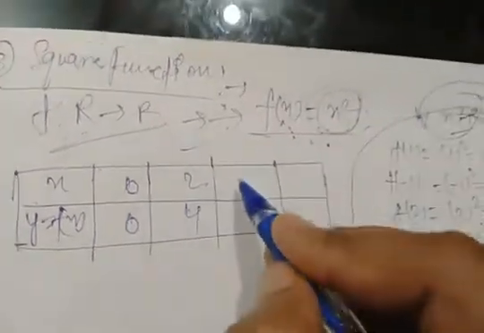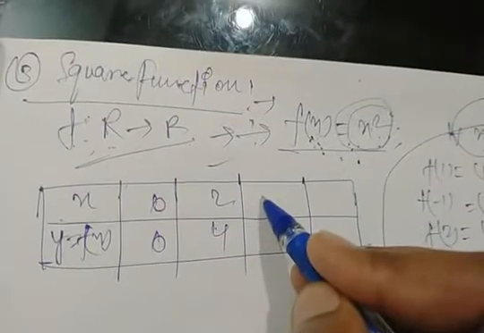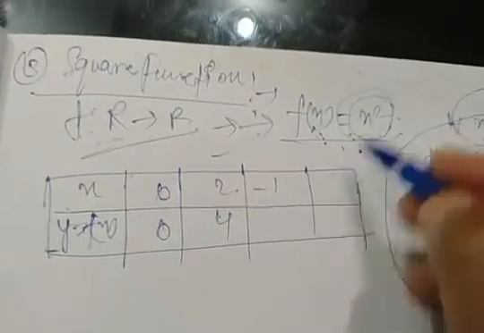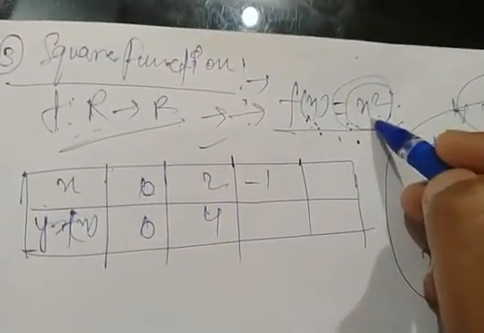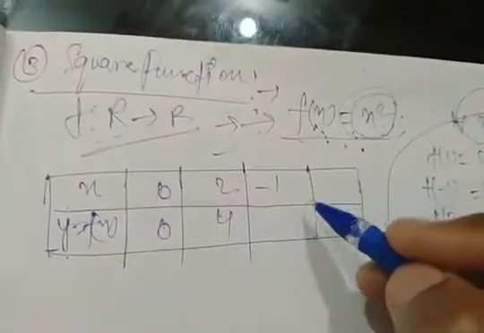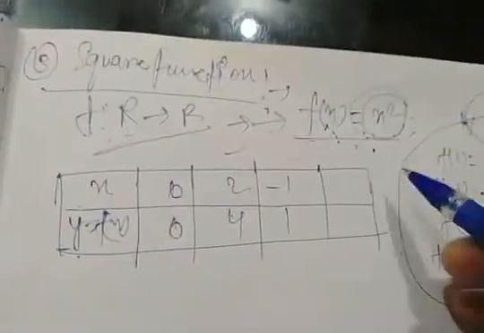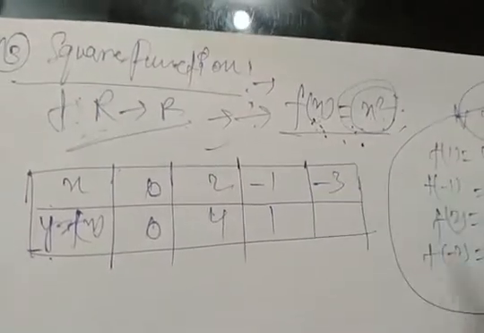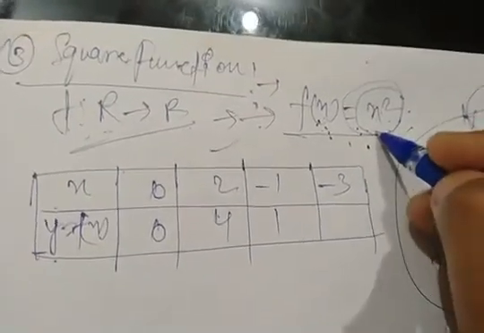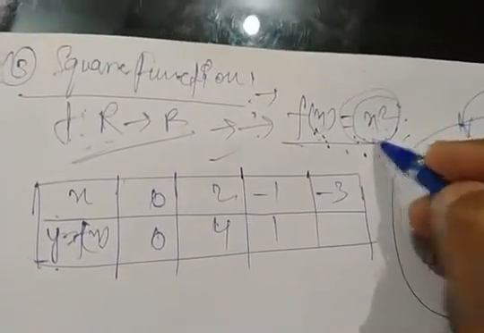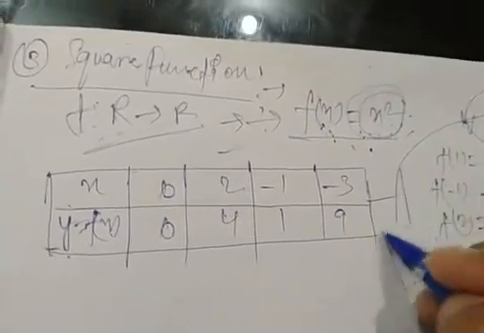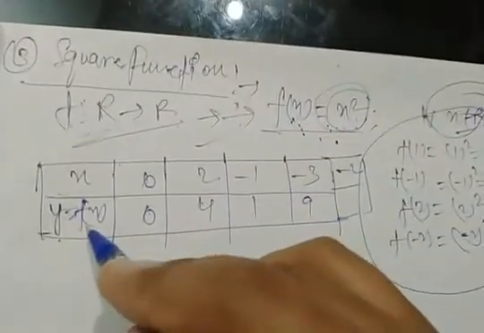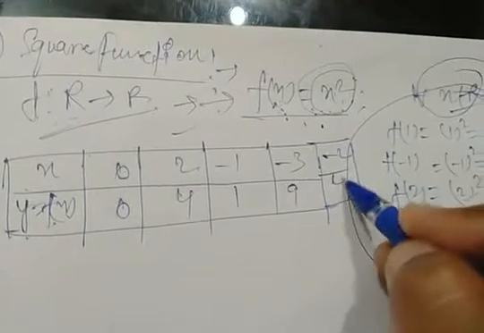Suppose we put x is equal to -1, then we get y as +1. If we put x is equal to -3, then we get +9. If we put x is equal to -2, then we get as a result plus 4. Okay, so let's plot it on the graph paper.